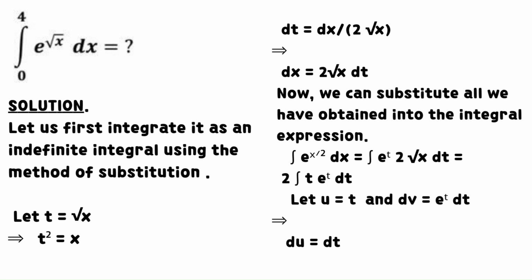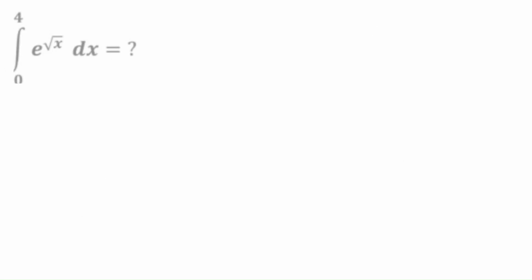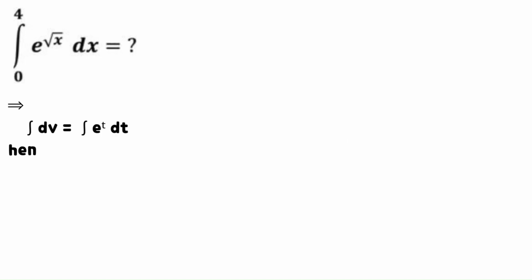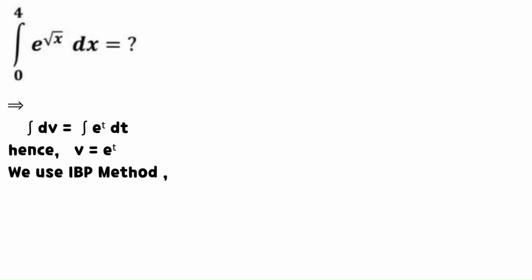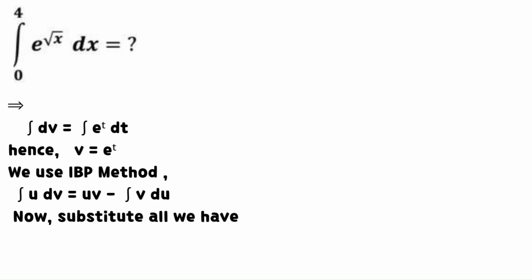Let u equal t and dv equal e to the power of t, dt, du equals dt. It signifies that the integral of dv equals the integral of e to the power of t, dt.